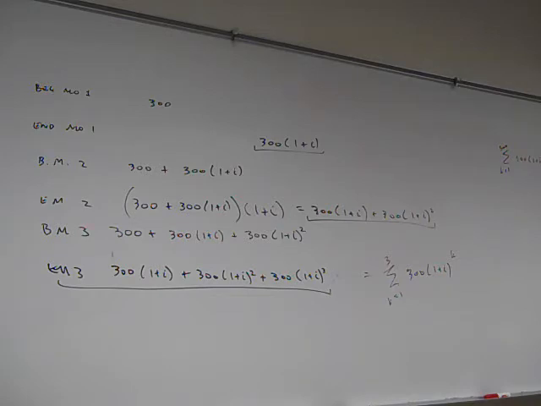So the number of interest periods are the number of months. And each month I get that 6% divided by 12. That's my monthly interest.